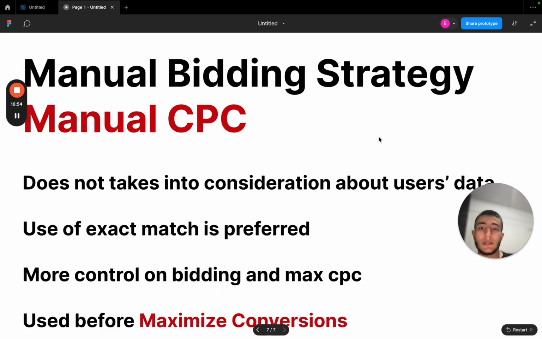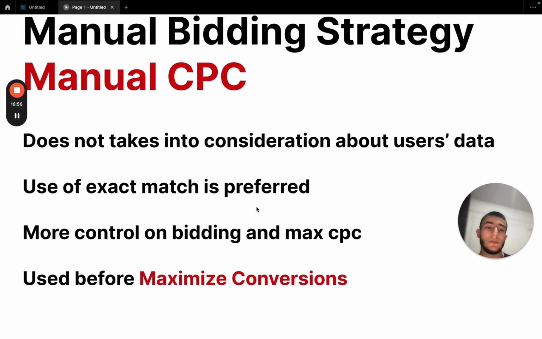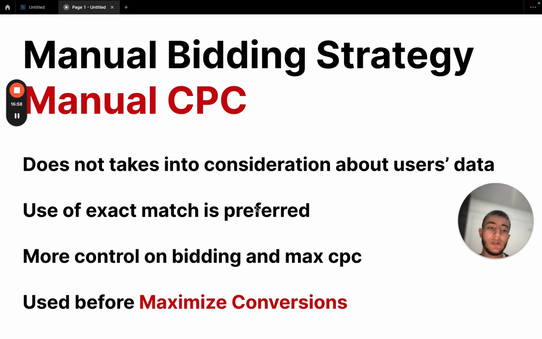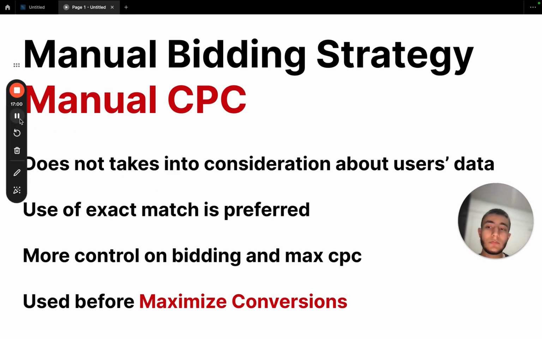So let's go over the manual bidding strategy. My favorite bidding strategy. The reason why I like manual bidding strategy is it does not take into consideration user data first.